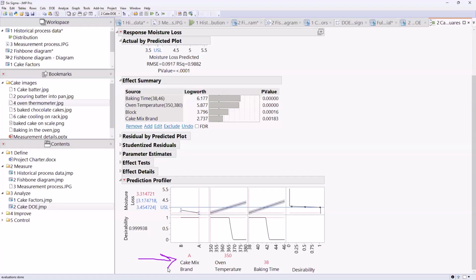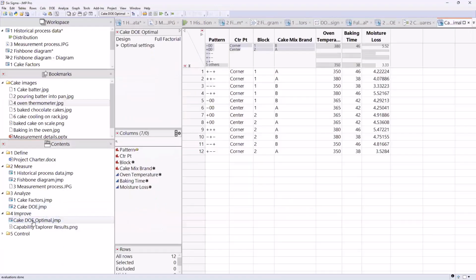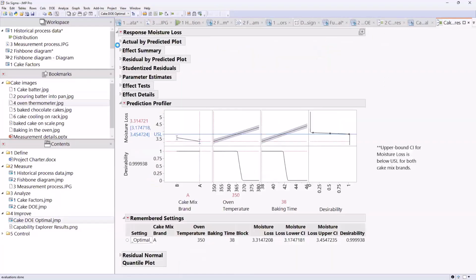Now, to keep talking about this, we're going to jump ahead to my saved optimal design here. I've already saved the same settings that we just saw: cake mix brand A, oven temperature at 350, and baking time at 38. And you know I love my annotations, so I made a note here.